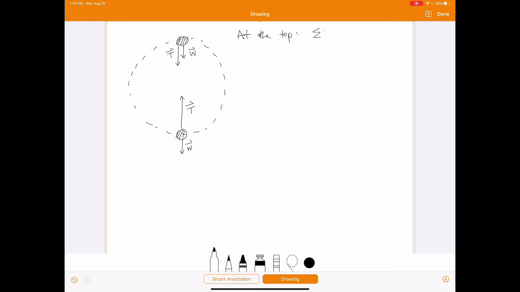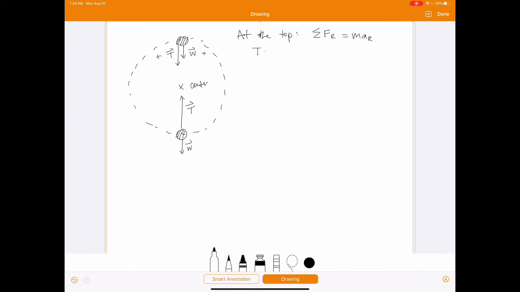We're going to start with the net force in the radial direction is equal to m times the acceleration in the radial direction. Remember how this works. If a force is going inwards towards the center of the circle, that's positive. So T is positive here, and W is also positive because they're going in.